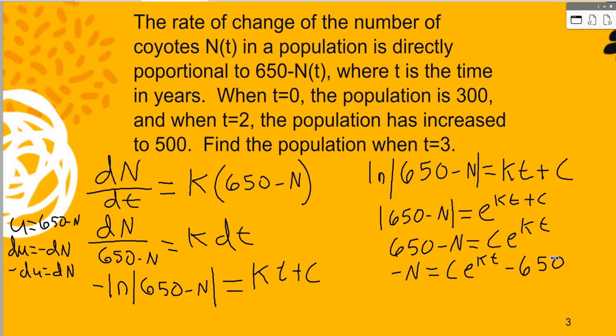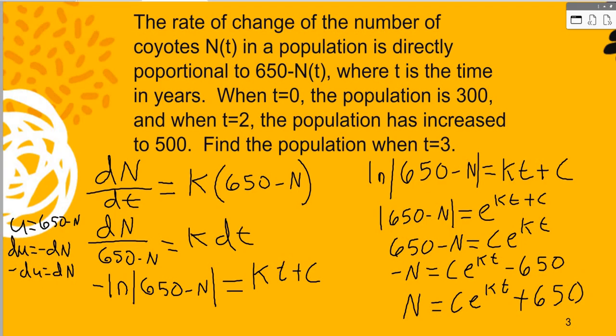Last step? Multiply by negative 1. Yep. Now again, c can be positive or negative, so I don't have to put a negative in front. However, negative 650 is a very specified constant, so I do have to flip that sign. So that does need to become plus 650.